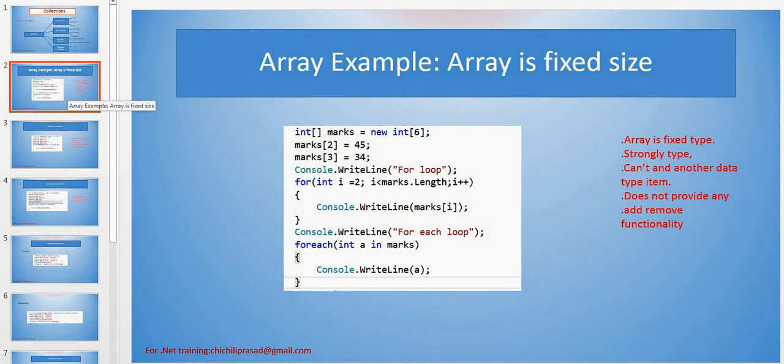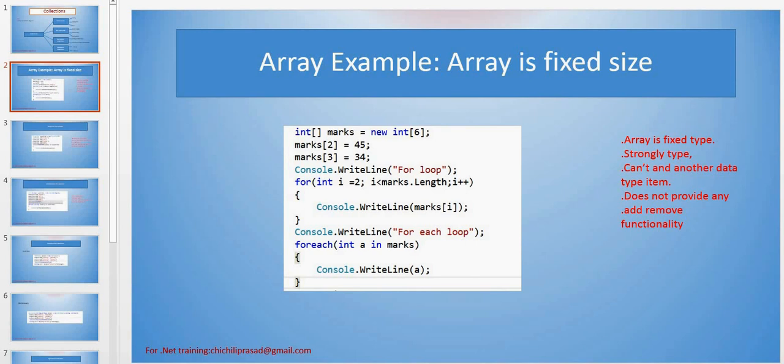In index based we have an array. Array is a collection of similar data type. This is how you define an array, and this is how you initialize an array. Here you are specifying integer, so your array data type is integer. Array is a fixed size and strongly typed.